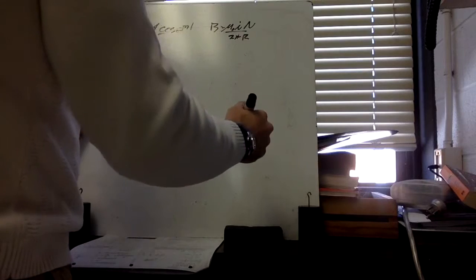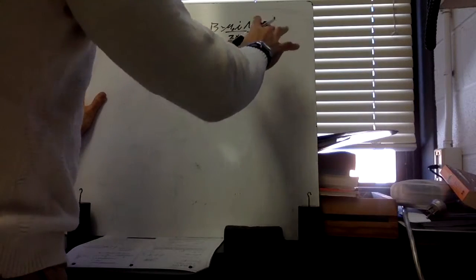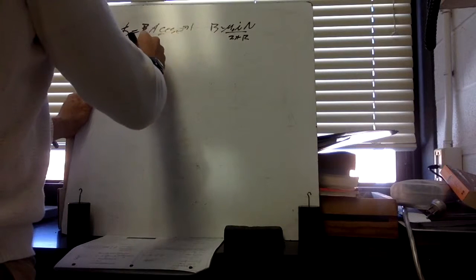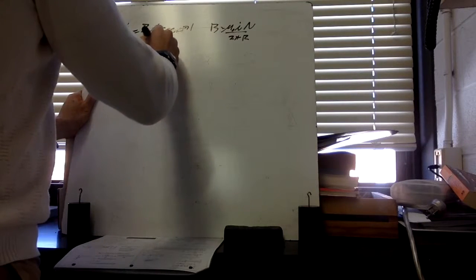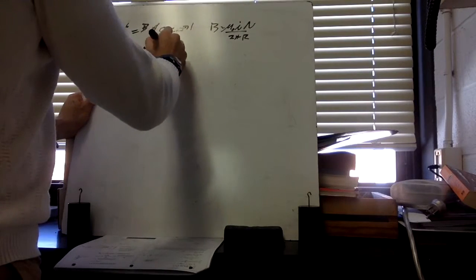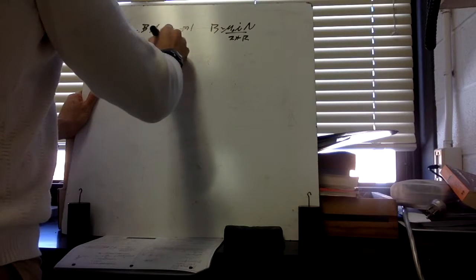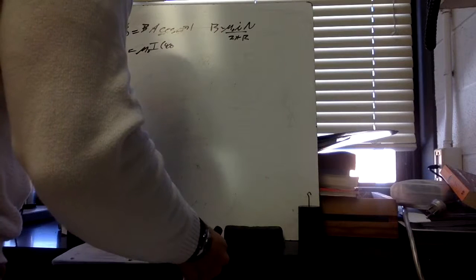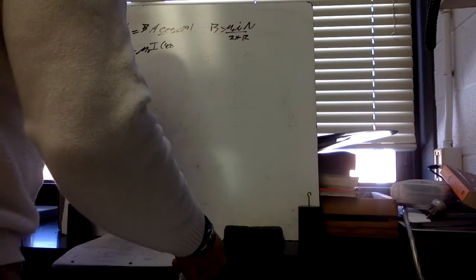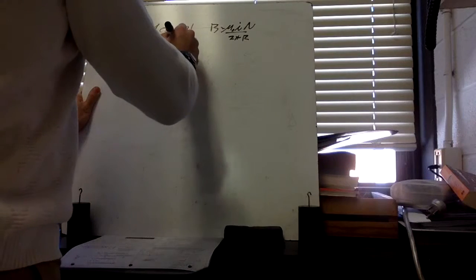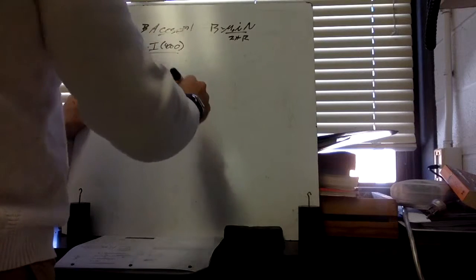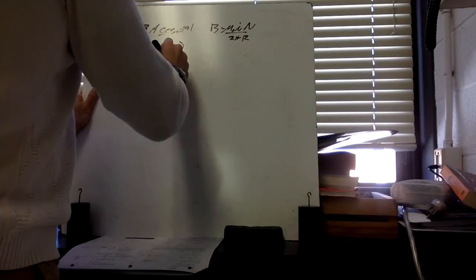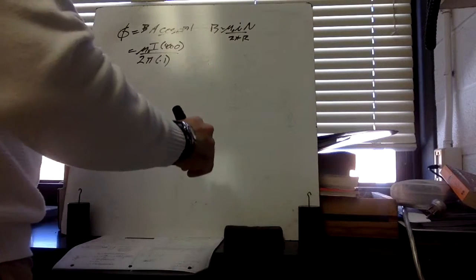All right, so we plug in, we can leave that. So now that's going to go in here, where B is mu naught, we'll make this a capital I because it's a constant current, times 400. Is that 400 or 4,000? This one's 4,000. It's being produced over 2 pi times 0.1. That's the radius.